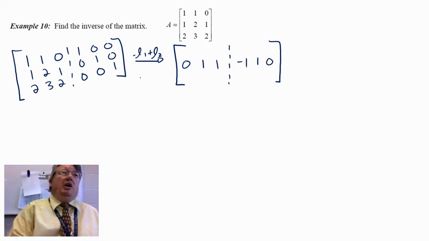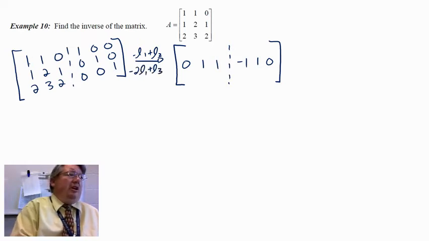While I'm doing that, I think we're at the point where I can keep track of a couple things at once. I'm going to get rid of this 2 in the bottom left by multiplying negative 2 times line 1 and adding it to the third line. Negative 2 times 1 is negative 2, plus 2 is 0. Negative 2 times 1 is negative 2, plus 3 is 1. Negative 2 times 0 is 0, plus 2 is 2.